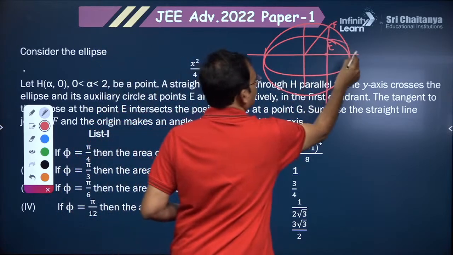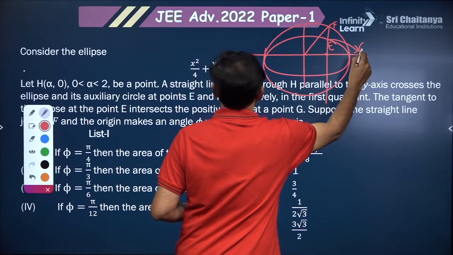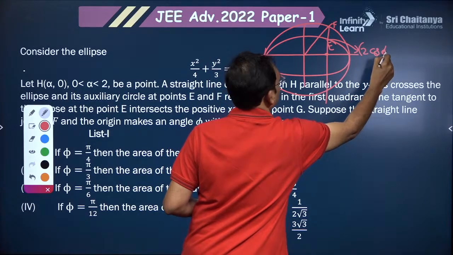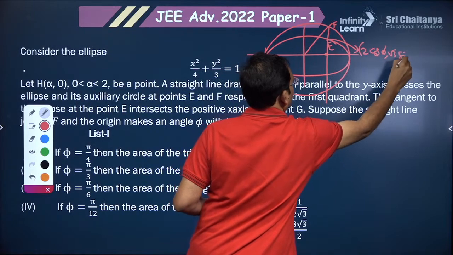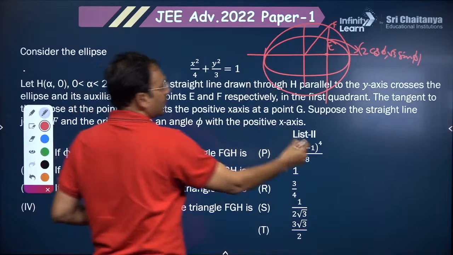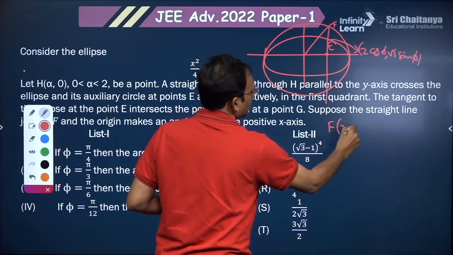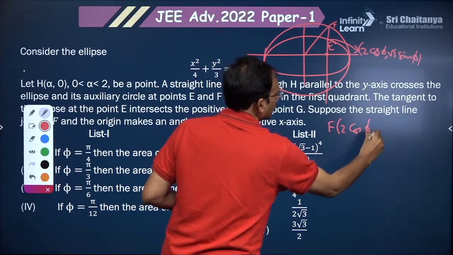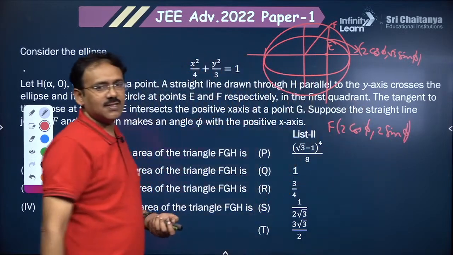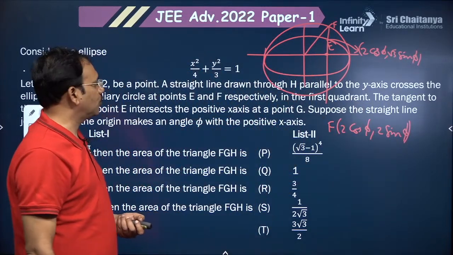So, you can take this point E as 2 cos phi comma root 3 sin phi, right. In the same way, F is going to be 2 cos phi, 2 sin phi, because this is a circle with center 0, 0 and radius 2.